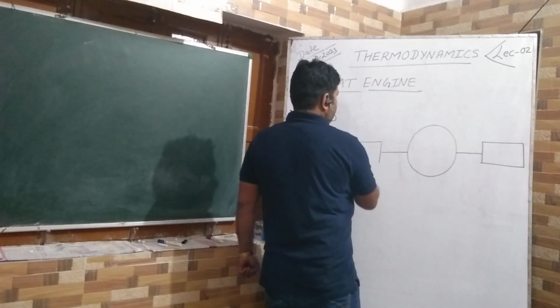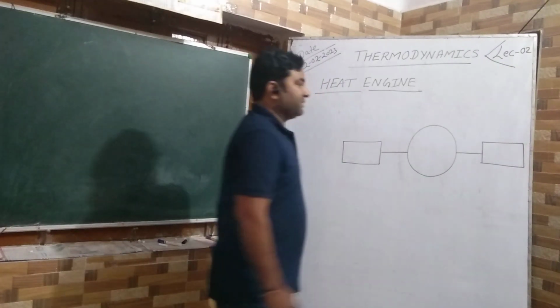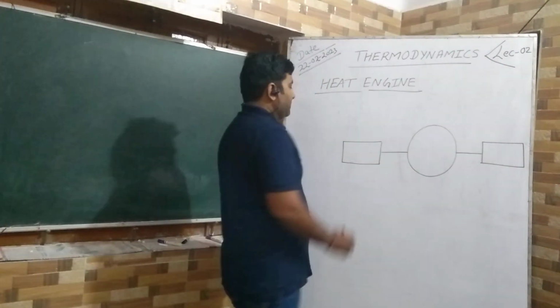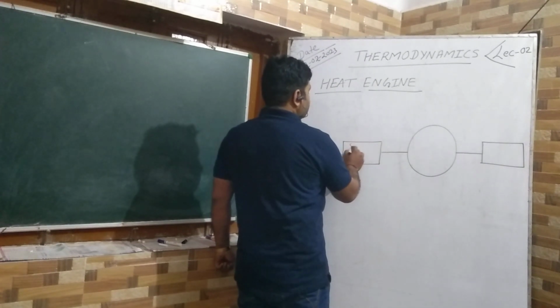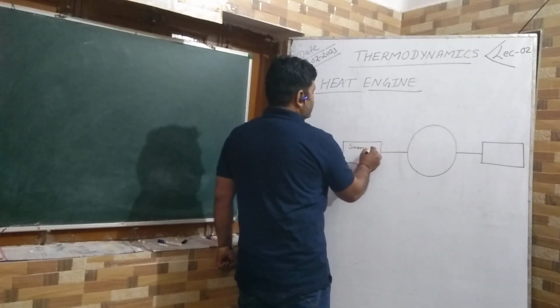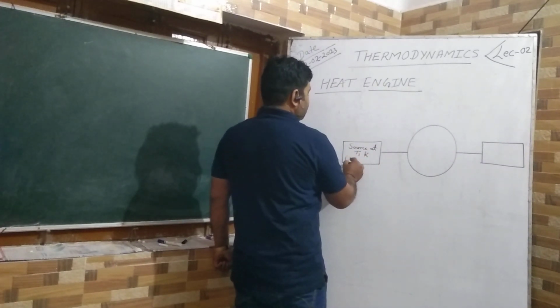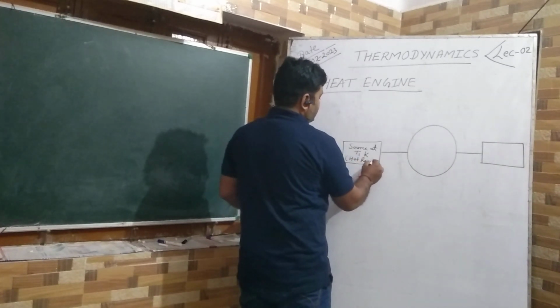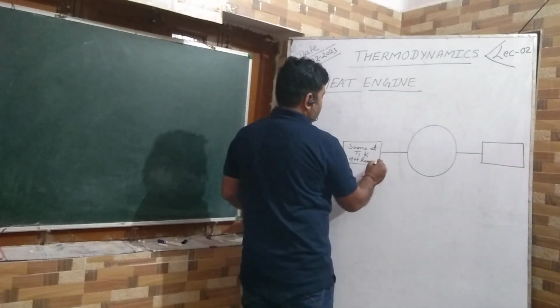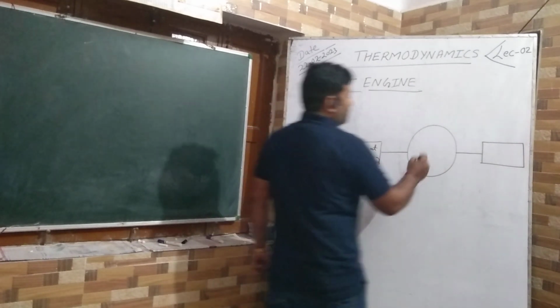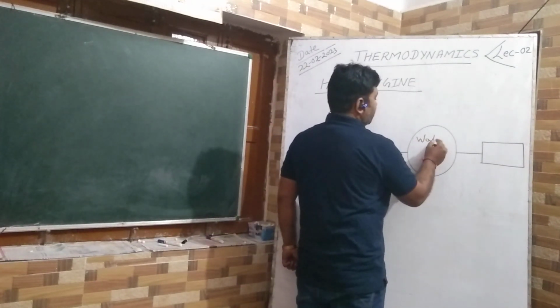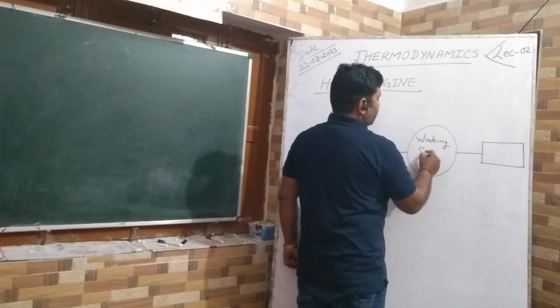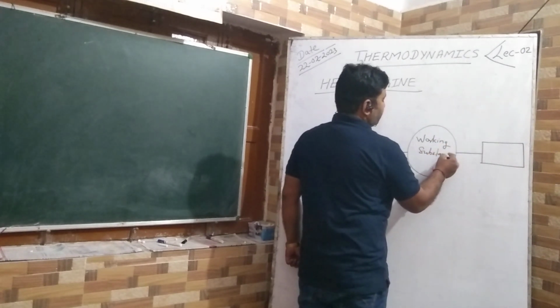Diagram concept is very easy, consisting of three parts. This one is what? Source at T1 temperature, T1 Kelvin. That is the hot reservoir. This one is the working substance.